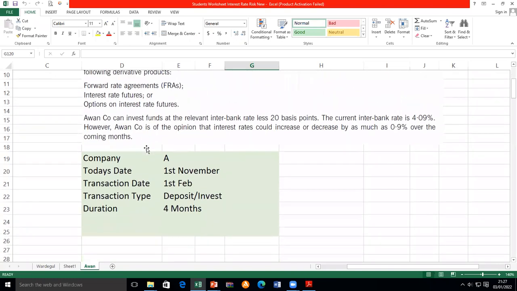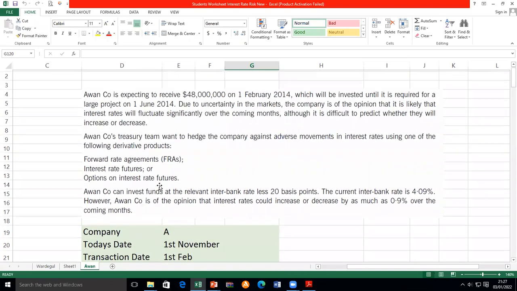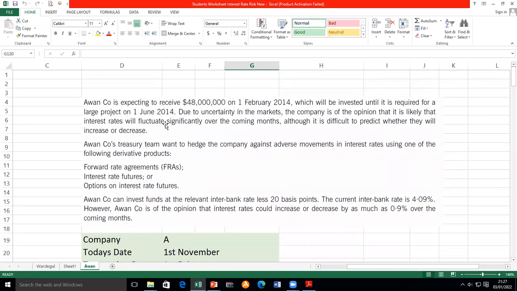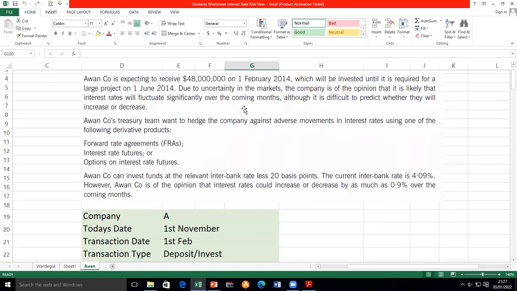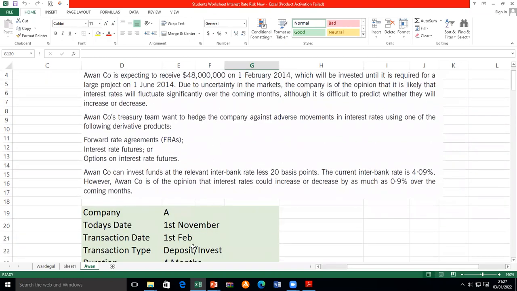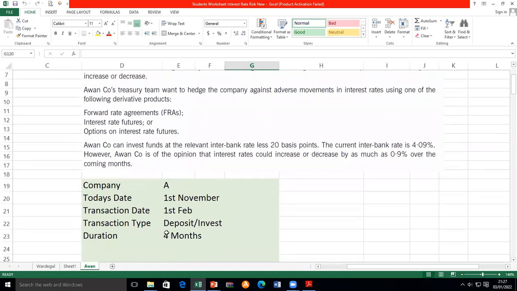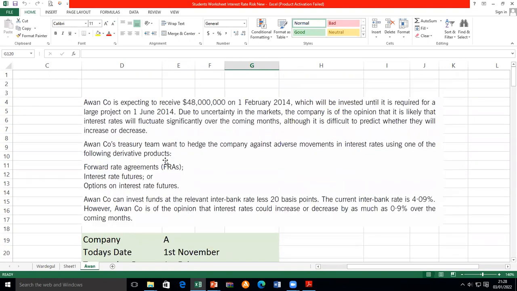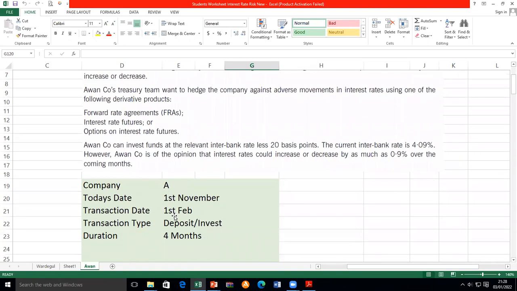Now, how do we determine? So they have told us that the money will be received on 1st February. And when this money is received, it will be invested until when it is needed. When will it be needed? 1st of June.